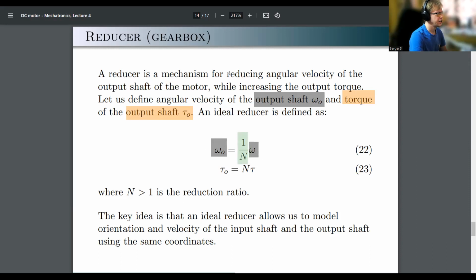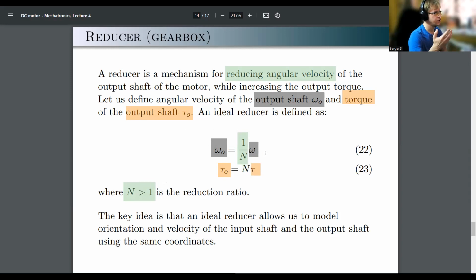As we said, it is all about reducing, so it is divided by the reduction ratio. N is a number bigger than 1. We divide by it and get the output shaft angular velocity. Output torque is multiplied by this number.